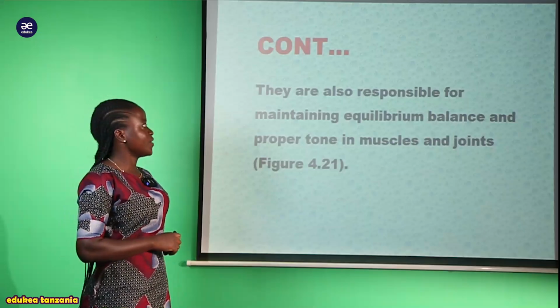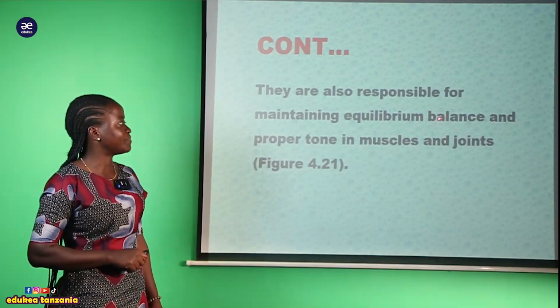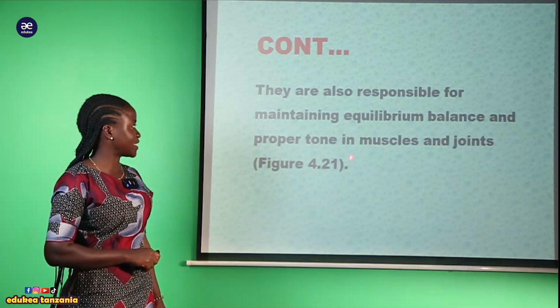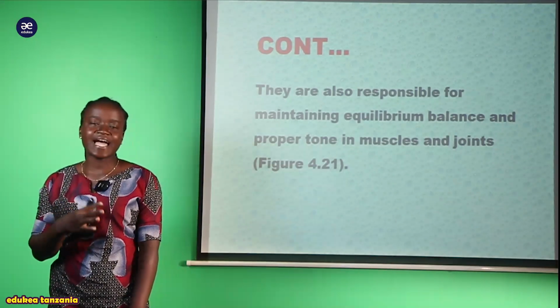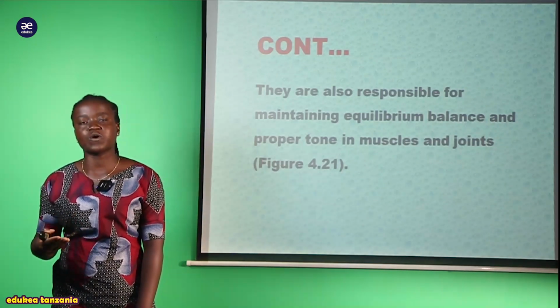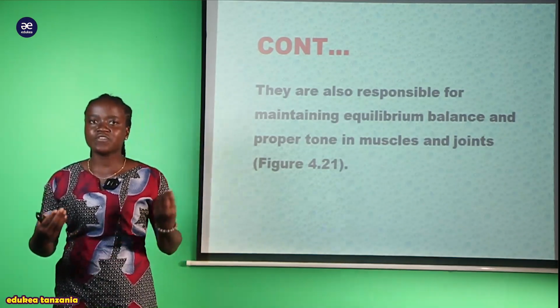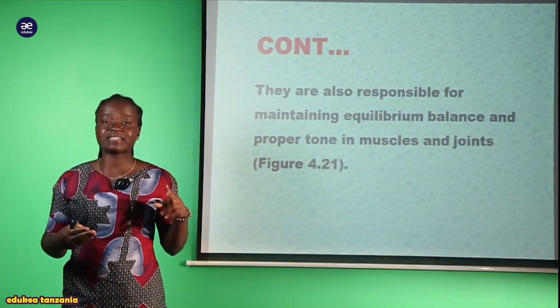Also, we can say that they are responsible for maintaining equilibrium, balance and proper tone in muscles and the joints. So apart from touch and sound, this mechanoreceptor is responsible for maintaining balance within your body. You know that ears inakuwa na kazi mbili.